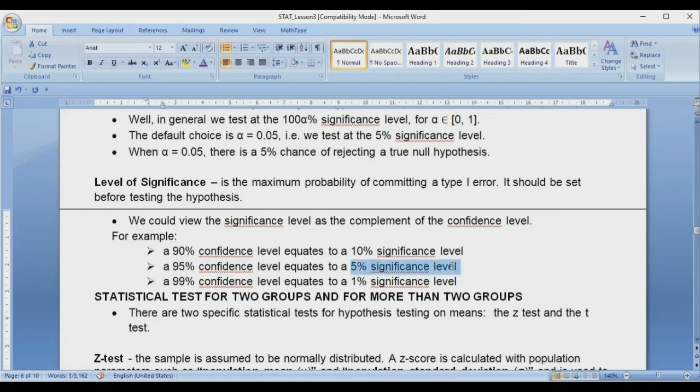Ang tawag doon significant level. So 5 plus 95, 100%. Pag 99% naman yung correct decision mo, ilang percent yung nakommit mong error? 1%. So itong tatlo na to, 10%, 5%, 1%, ito yung madalas ginagamit na level of significance. Probability of committing type 1 error. Kung ilang percent yung makocommit mong type 1 error.